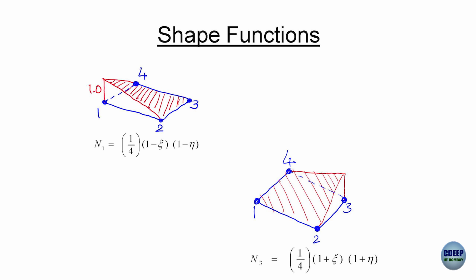When I substitute zeta equal to -1, eta equal to -1, it becomes 4. I wanted it to be 1, so I divided by 4, the scale factor became 1/4. That is how we derived the shape functions. Is the process clear? Any confusions, doubts? Okay. So, we could get N1, N2, N3, N4 and so on.